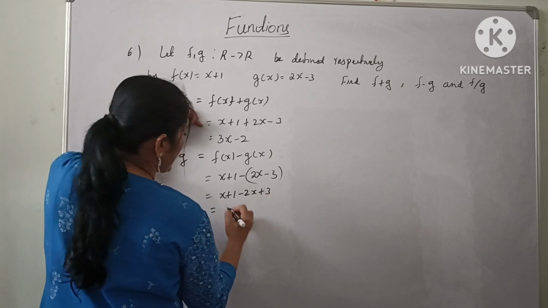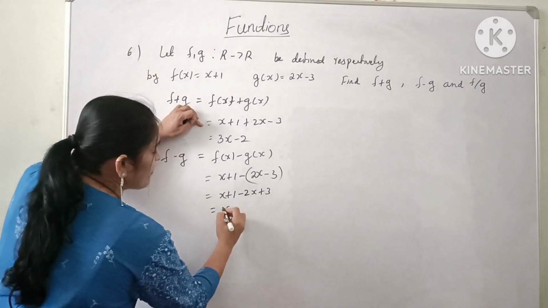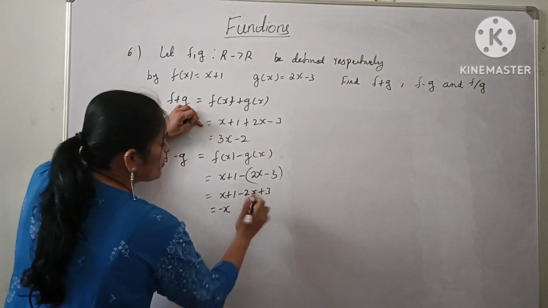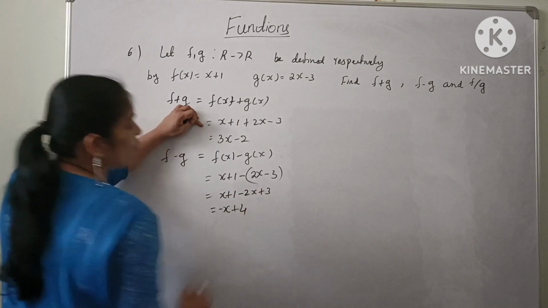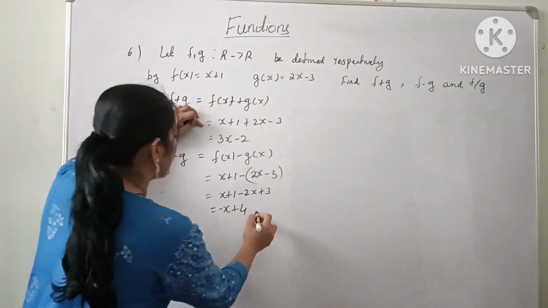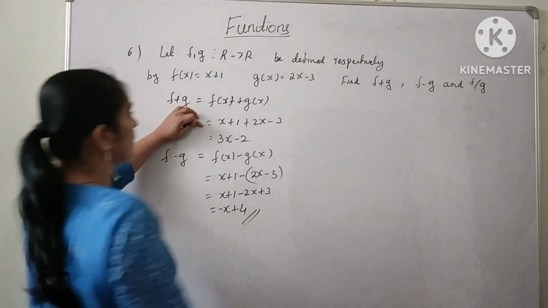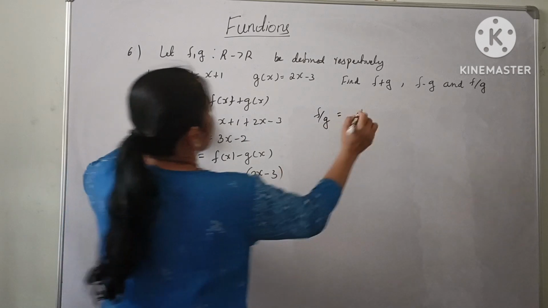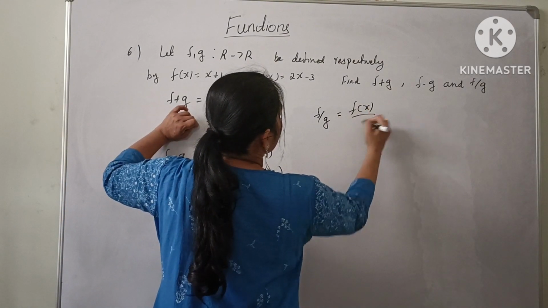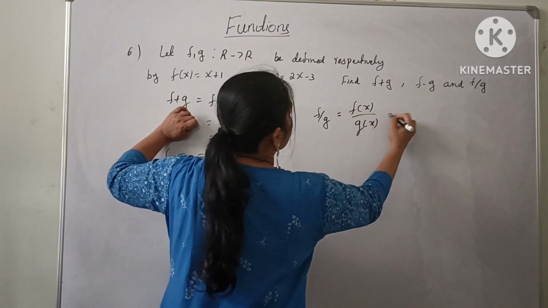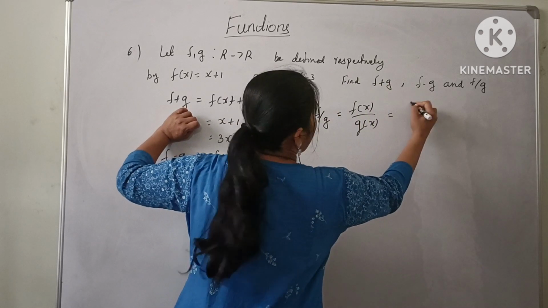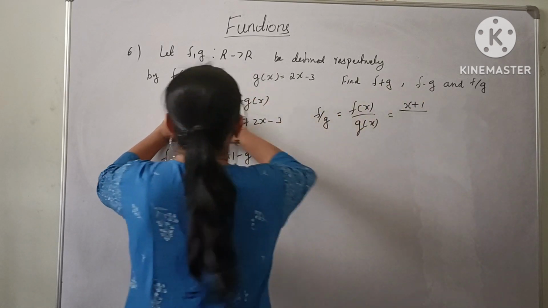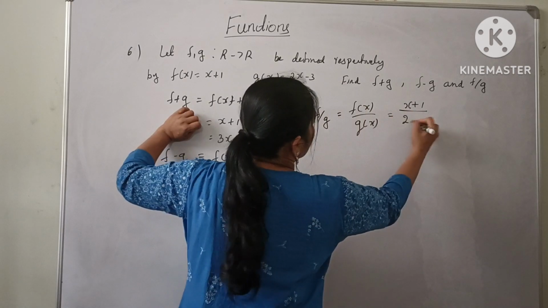Okay, that is x minus 2x is minus x, plus 1 plus 3, 4. Okay, so f minus g is this one. Then what about f divided by g? f by g is nothing but f of x by g of x. That is x plus 1 divided by 2x minus 3.